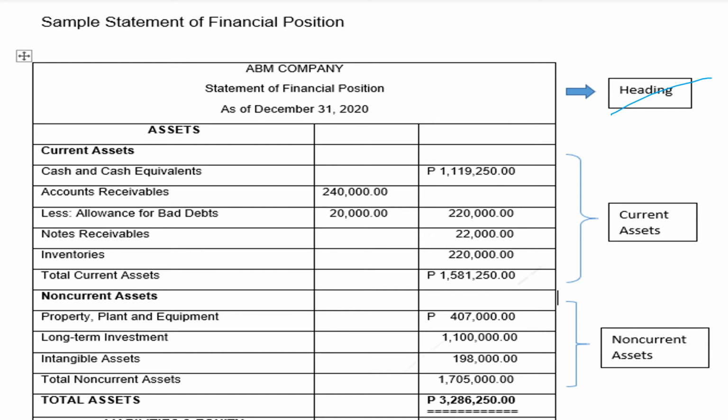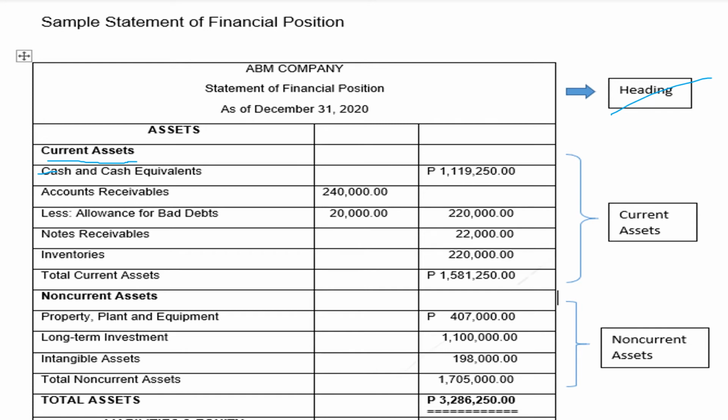Assets. The current assets are composed of cash and cash equivalent, and then accounts receivables, less allowance for bad debts, notes receivable, inventories, and total current assets.